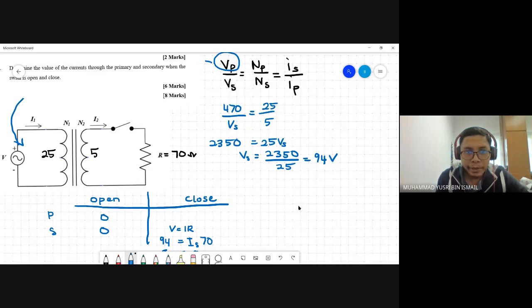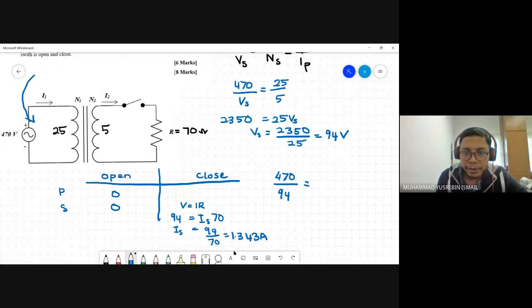You have the voltage at the primary, which is 470, divided by the voltage at the secondary, which is 94, equal to I secondary, which you already determined previously as 1.343.